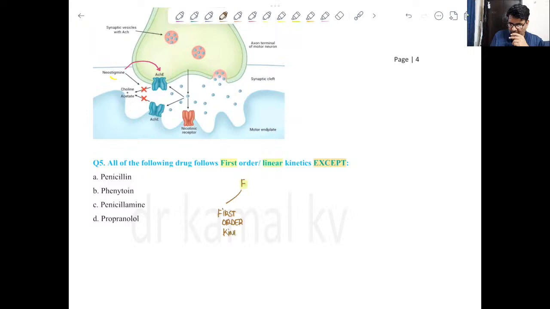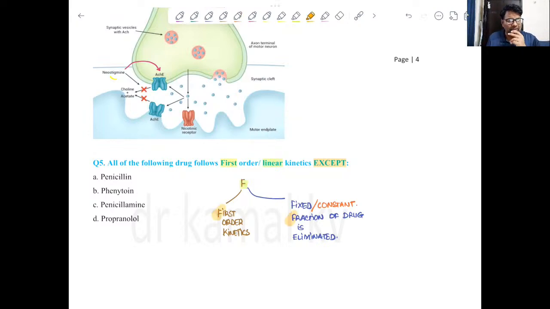Clear? And here you can remember a fixed fraction is eliminated. So a fixed fraction of the drug, or you can say a constant fraction of the drug, is eliminated, right? So F for first and F for fraction.